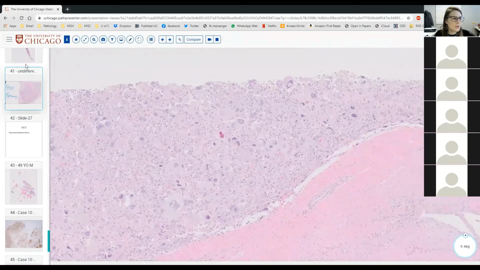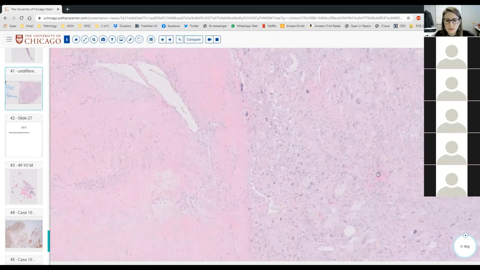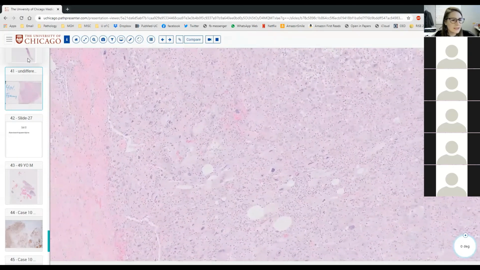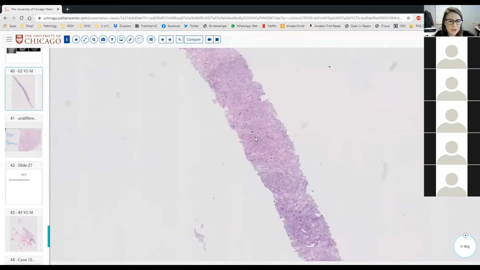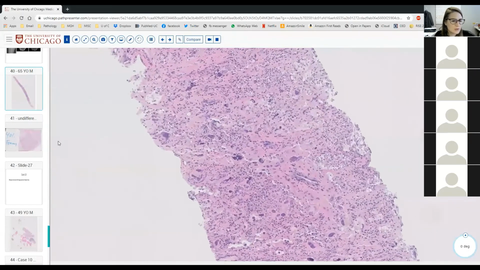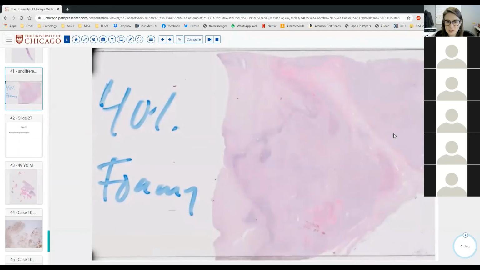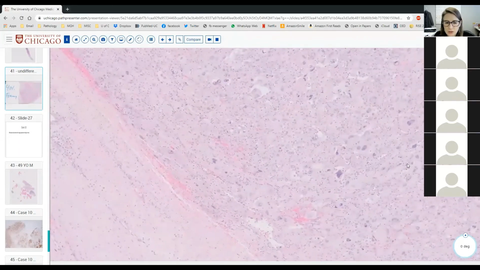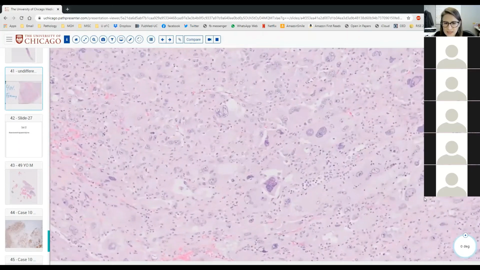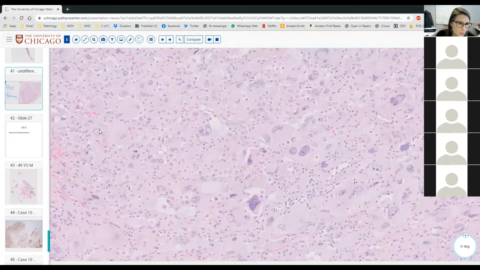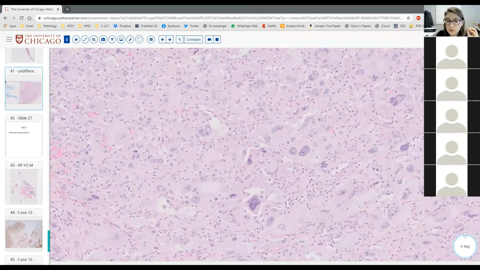And so we know that in post-treatment sarcomas, sometimes the morphology can change, but in this case, it actually kind of maintained that very bizarre look with these very fine cytoplasmic vacuoles.